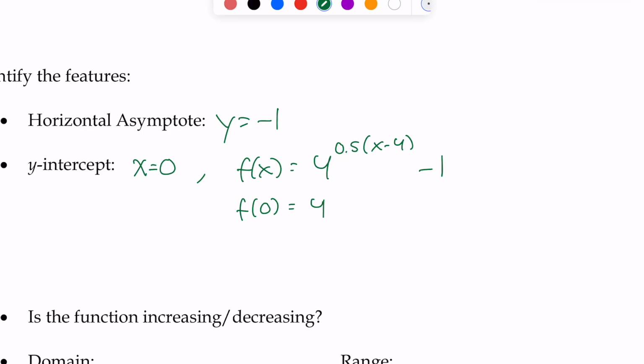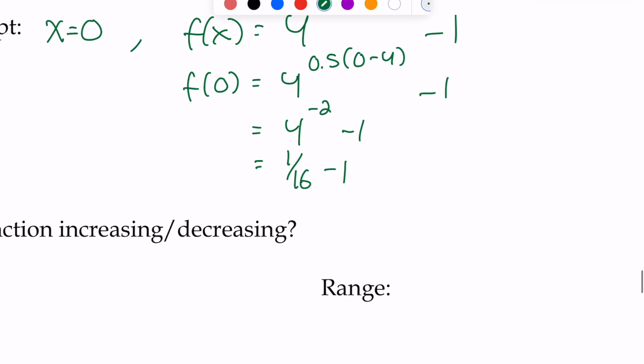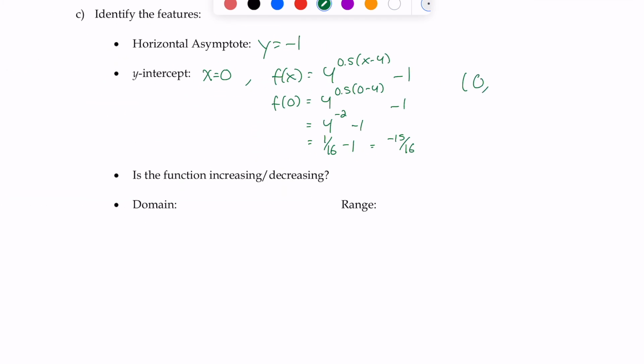That's 4 to the 0.5 times 0, take away 4, minus 1. So that's 4 to the -4 times 0.5, which is -2 up top. That will be 1 over 16, take away 1, which is the same as -15/16. So your y-intercept is at 0, -15/16.